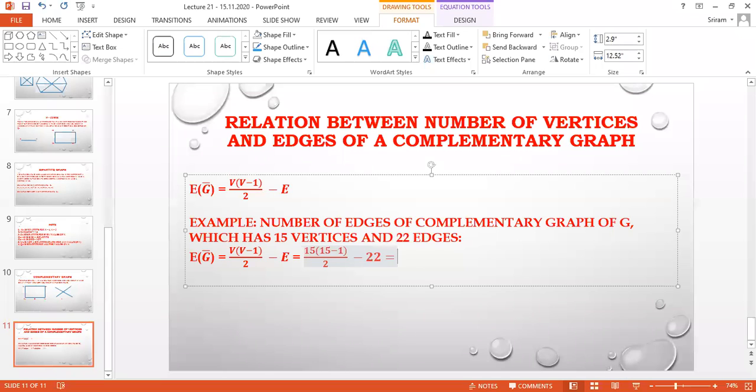So 15 into 14 divided by 2 is 105, minus 22. So the answer is 83. So the complementary graph will have 83 edges, 83 lines it will have.